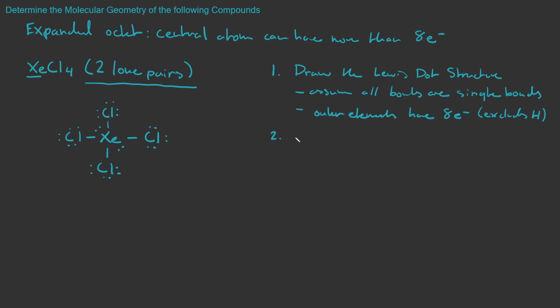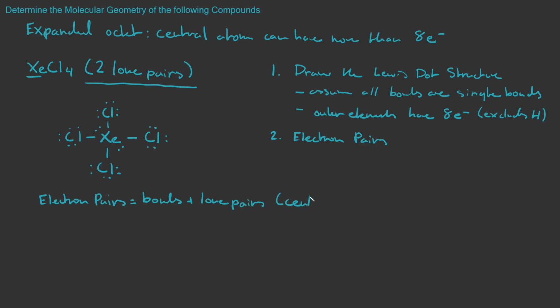From this, we then figure out step 2, sorry, not 3, and that is to find how many electron pairs we have. Remember, the way we figure this out is that electron pairs is equal to the number of bonds plus your number of lone pairs attached to our central atom.